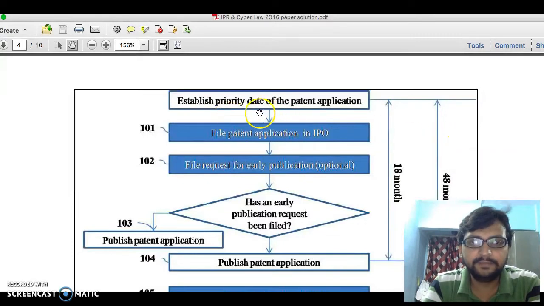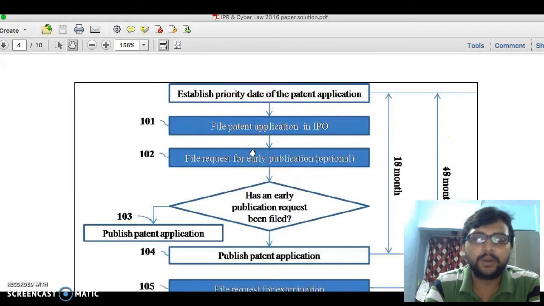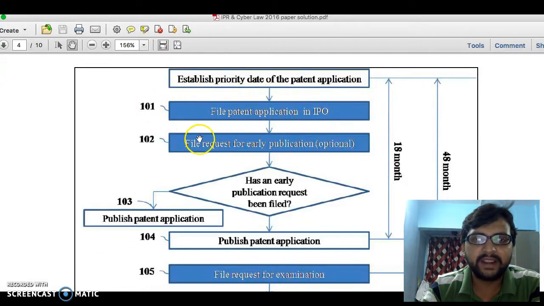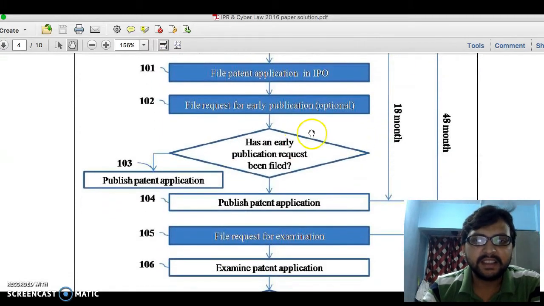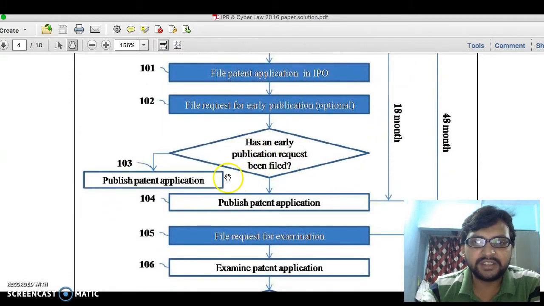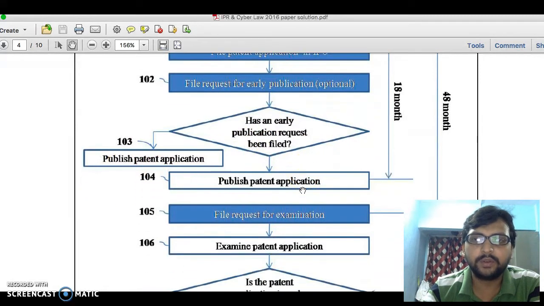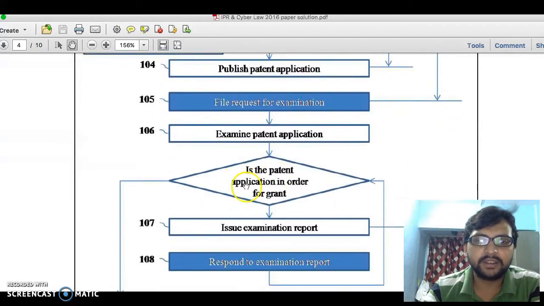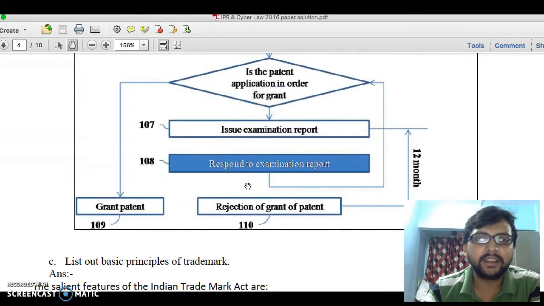As I said, I have provided this flowchart here. Establish prior patent date, file application, the same points which we discussed. As you can see, has an early publication request been filed? If yes, then what? If no, then go with the regular flow. Then, is the patent application in order for grant?